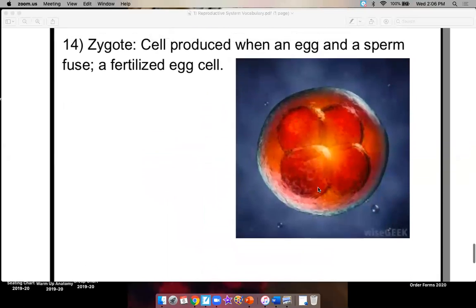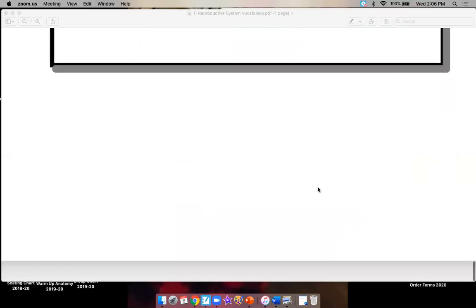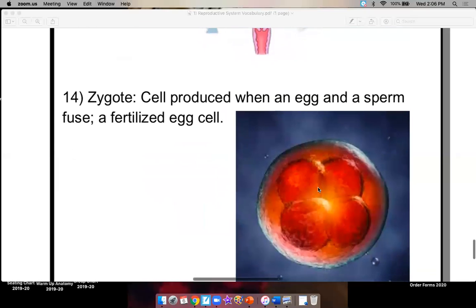And 14, I believe that's the last one. Yes, it is. 14, if that egg happens to get fertilized and you start getting all that progesterone to keep it safe, you now have a zygote, the first cell of a brand new human being. Sperm fertilized the egg.